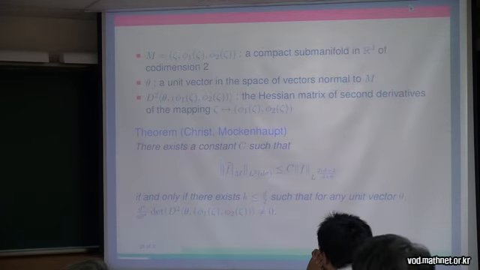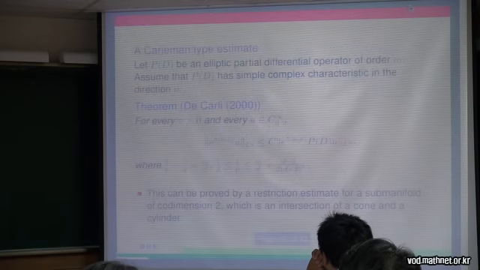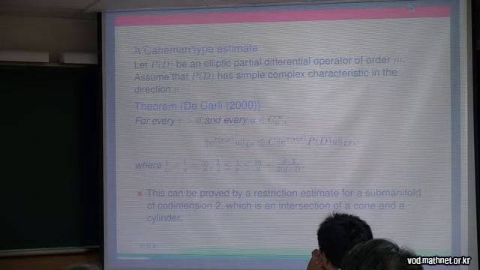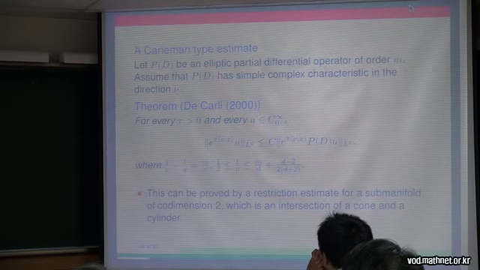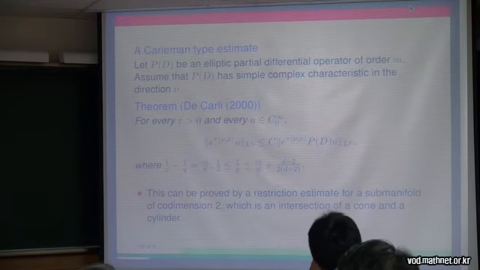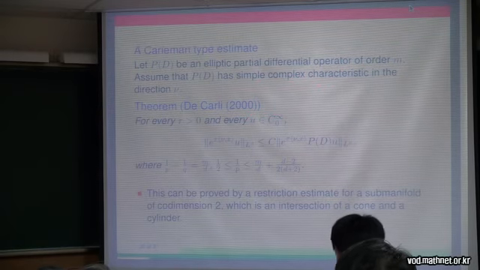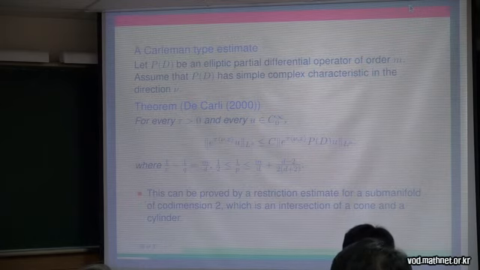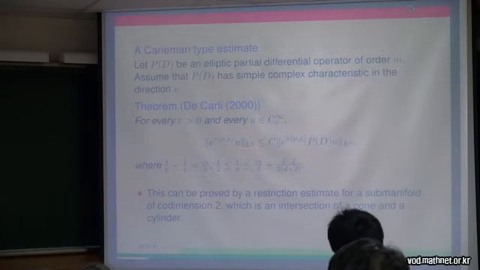Using this estimate, Jeong obtained some kind of Carleman type estimate. If P(D) is an elliptic partial differential operator of order m, and the direction of the characteristic is nu, then here is the Carleman type estimate.